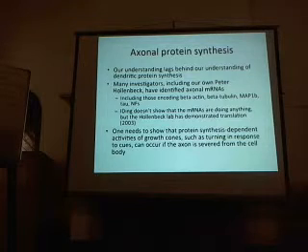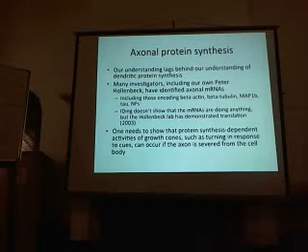So our understanding of axonal and acceptance of axonal protein synthesis lags far behind our understanding of dendritic protein synthesis, which is very well accepted, very important in plasticity. And many investigators, including Peter Hollenbeck here, have identified axonal mRNAs, including important cytoskeletal mRNAs.